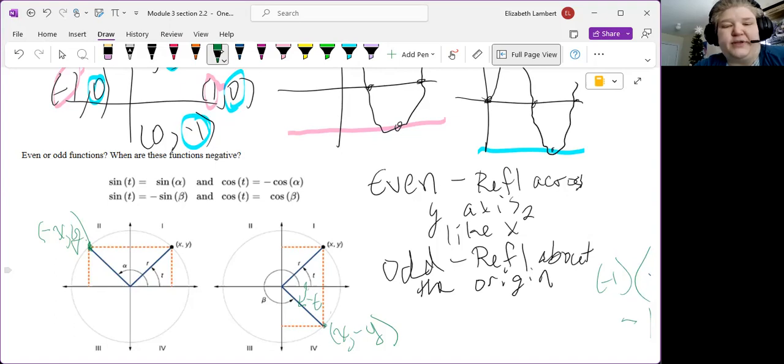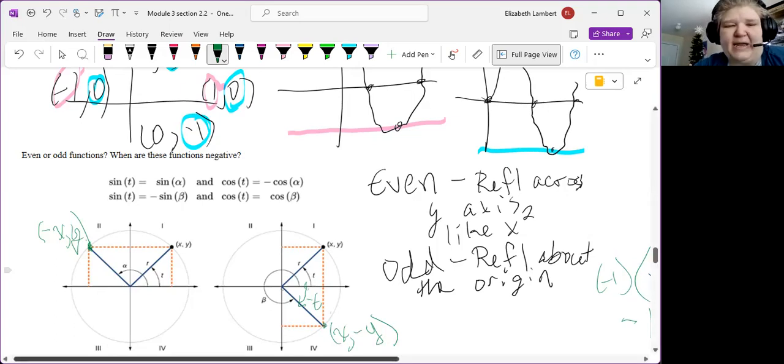So down here for this guy, let's do the cosines first. If I take the cosine of t, I get x. If I take the cosine of beta, I also get x. But beta is negative t. So this is telling me that the cosine of t equals the cosine of negative t.